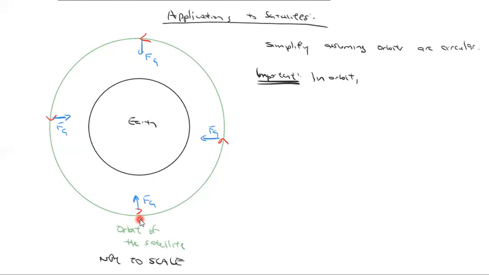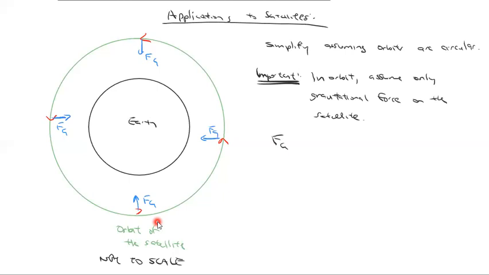And this gravitational force towards Earth is the only force we're saying acts on the satellite. Because the satellite is going in a circle, we assume only gravitational force on the satellite.